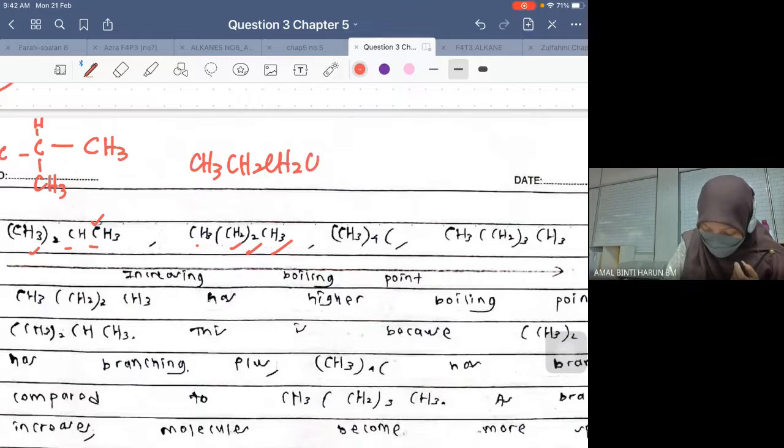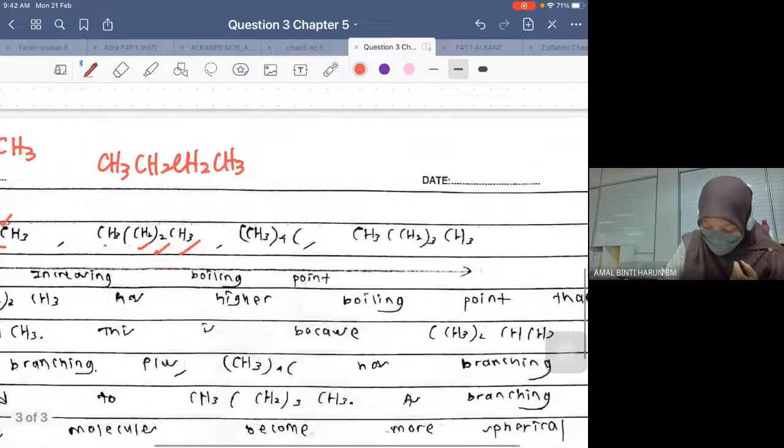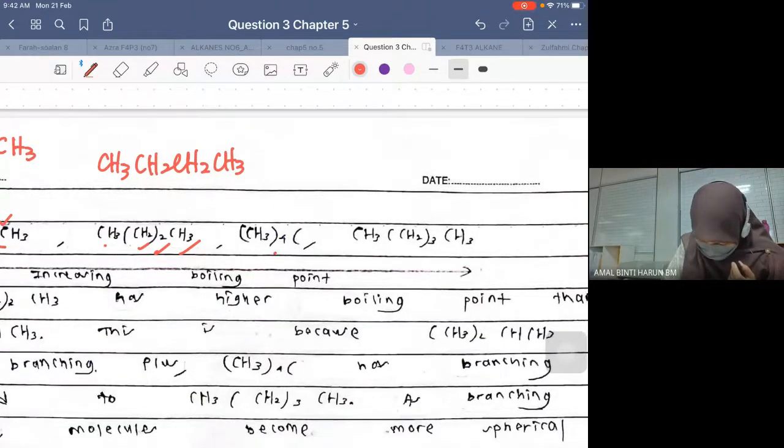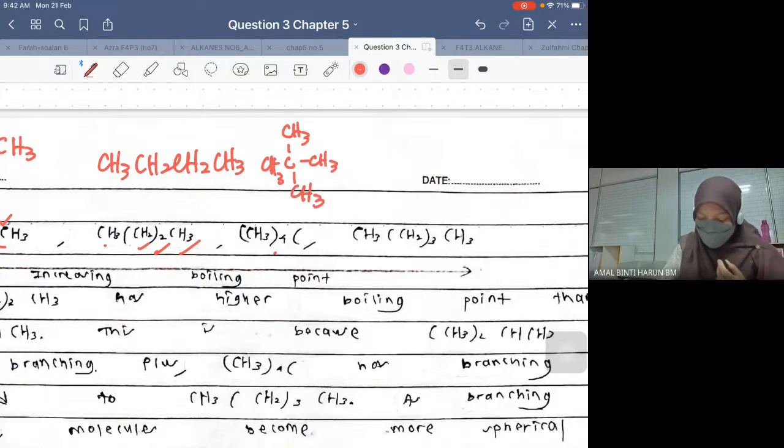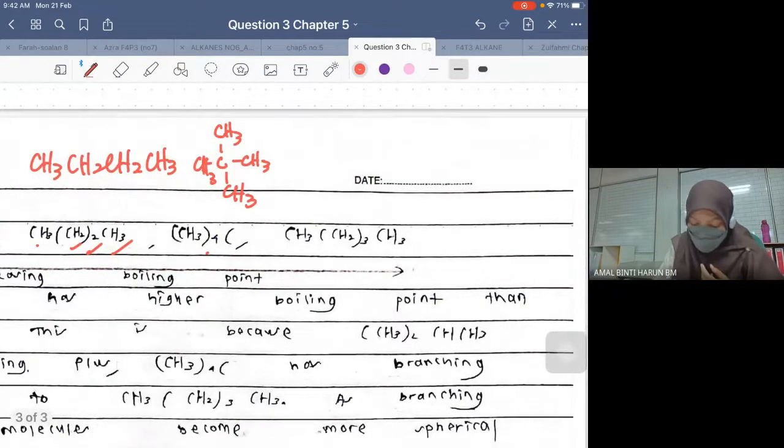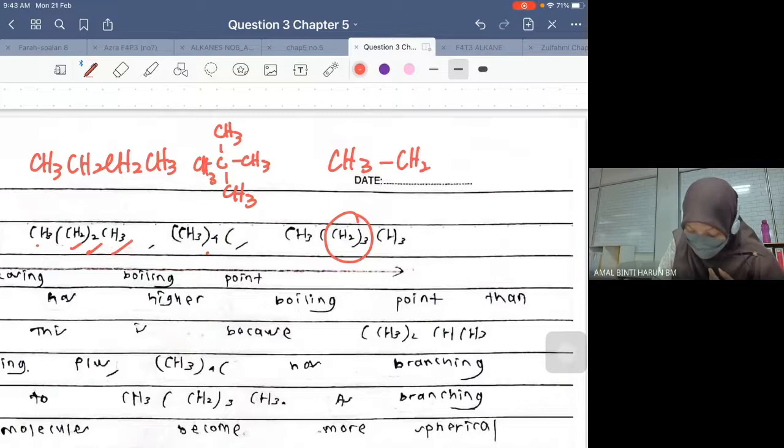Next is CH3. Another one is this one. CH3 and then kita ada CH2 ada 3. 1, 2, 3.